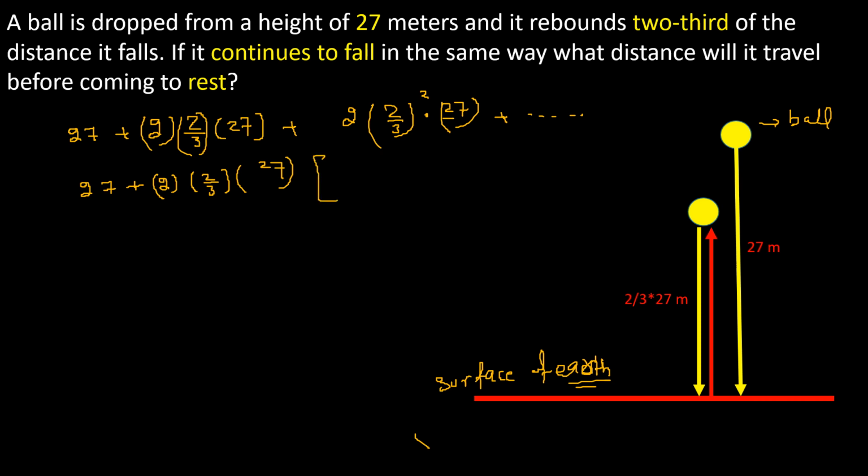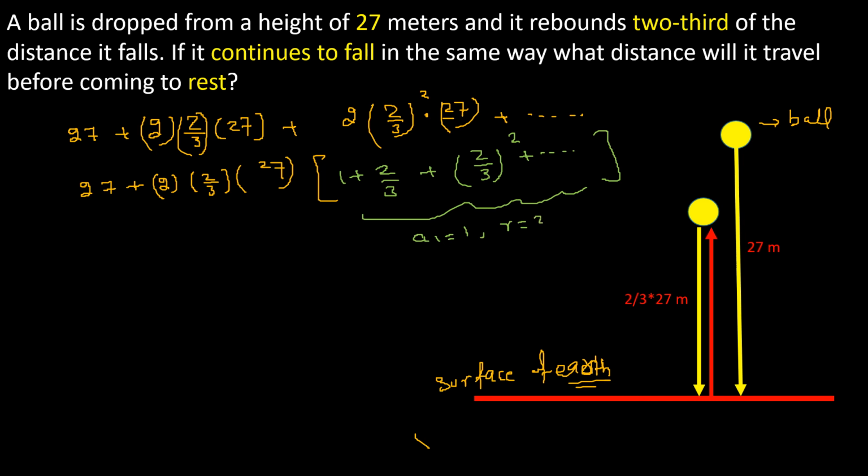Then in the bracket we will get 1 plus 2 by 3, because that was 2 by 3 squared, so one 2 by 3 is coming outside, so we are left with 1, 2 by 3, and 2 and 27 will be out. So here as well 2 by 3 square plus so on. Though this is an infinite series with a1 equal to 1 and r equal to 2 by 3, which is less than 1. So here we can use the formula for finding the infinite sum of the geometric series with common ratio less than 1.